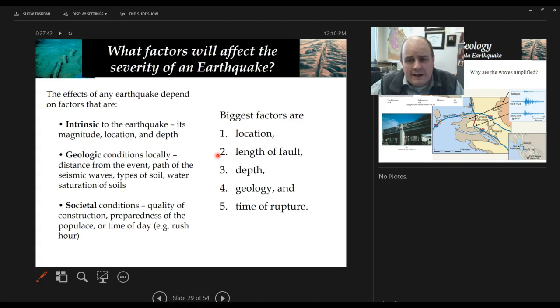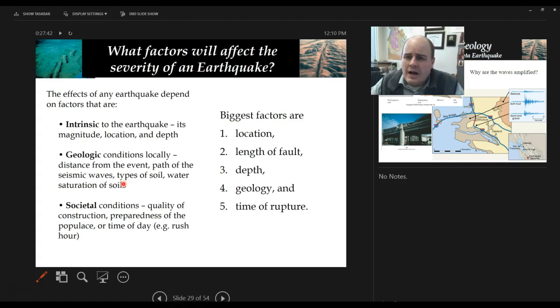So a lot of these impacts can occur. They can be intrinsic to the actual earthquake itself, the location of it, the depth, the magnitude of the earthquake. A 9 is going to be more damaging than a 2. Geological conditions, so is the path of seismic waves going through harder material or softer material? Usually, if you're on a place with harder material, it's actually better in a lot of ways because the waves can travel through you faster.